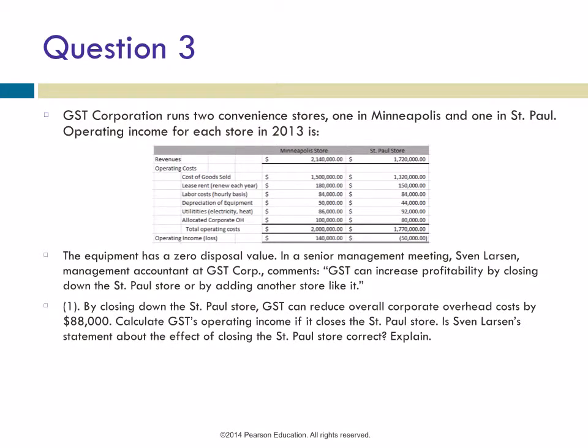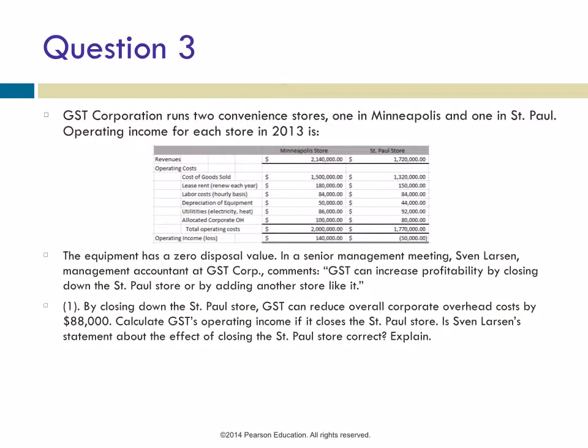Question. By closing down the St. Paul store, GST can reduce overall corporate overhead costs by $88,000. Calculate GST's operating income if it closes the St. Paul store. Is Sven Larson's statement about the effect of closing the store correct? Explain. Okay, so it's giving us what the overhead costs would be by closing down the store. If you look at the chart there, you see an allocated corporate overhead cost to the St. Paul store of $80,000.